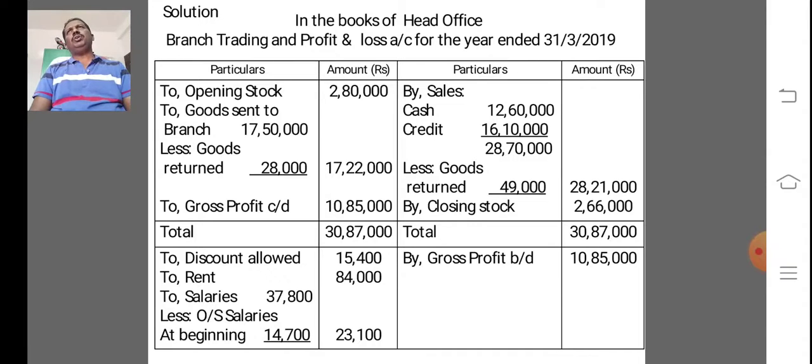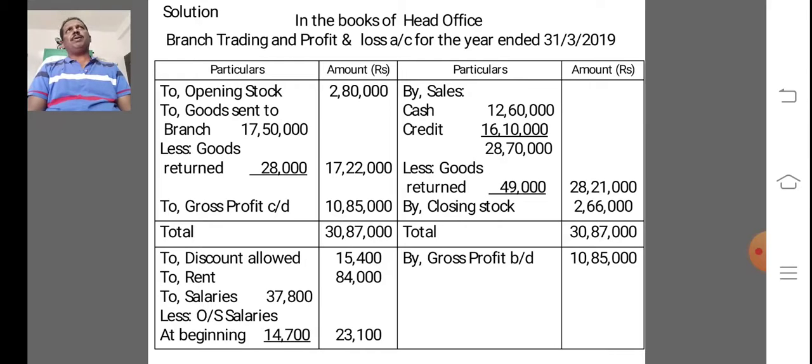The credit side total is 30,87,000, and the difference, 10,85,000, is the gross profit. That gross profit is to be brought down to the P&L account on the credit side.